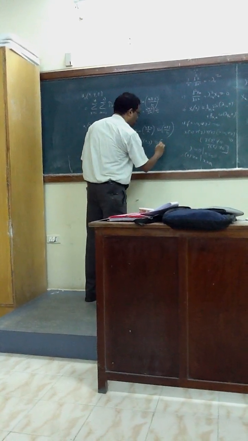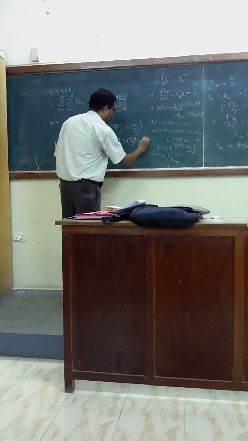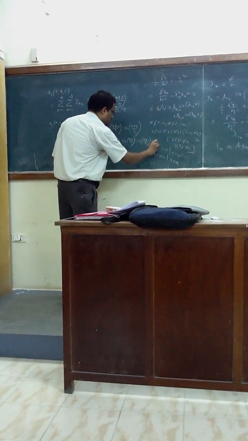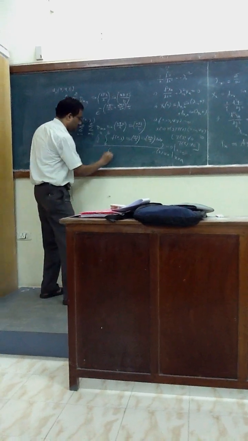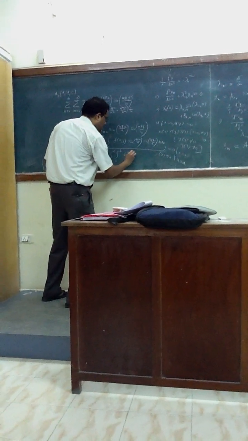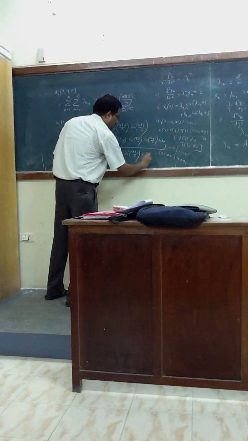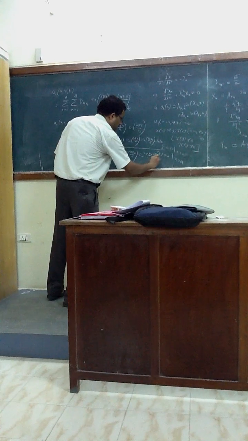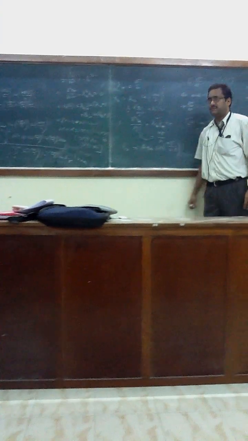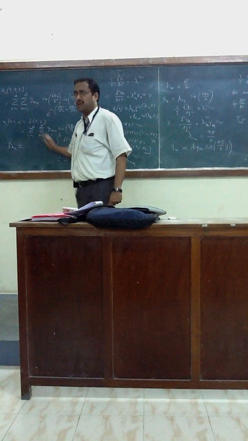Sin n pi x by a, then sin m pi y by b, dx dy, divided by the integral from 0 to a, 0 to b, of sin square n pi x by a, sin square m pi y by b dx dy. That's it. First problem is solved. First part is solved. Once you get the Dmn, put it here, you get the answer.